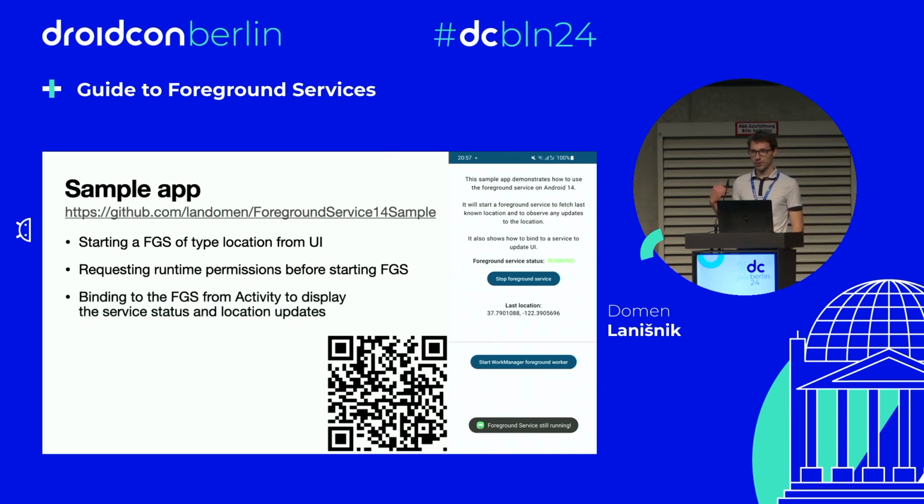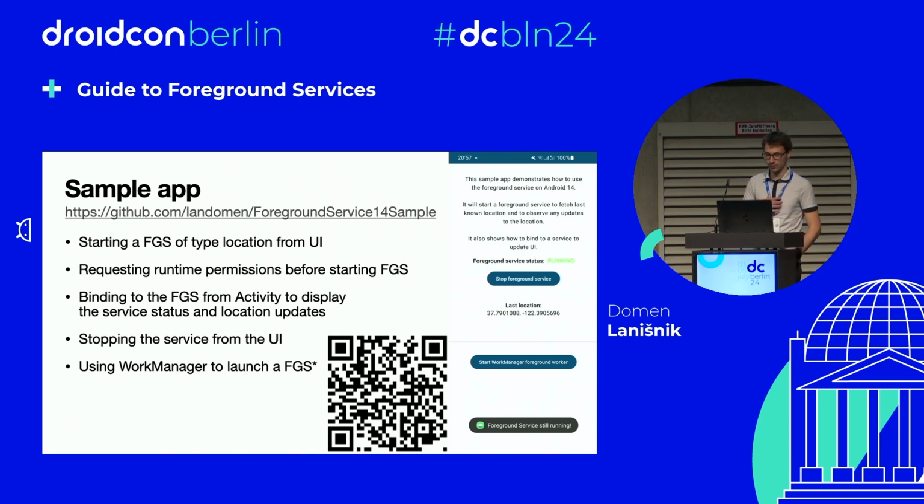It also shows how you can bind to the foreground service to receive updates and display them in the UI. It shows how to stop the service from the UI, and also how to use Work Manager to launch a foreground service. There's an asterisk there because I have not yet published the update, but we'll do it soon. So if you check it out today, it won't yet be there.